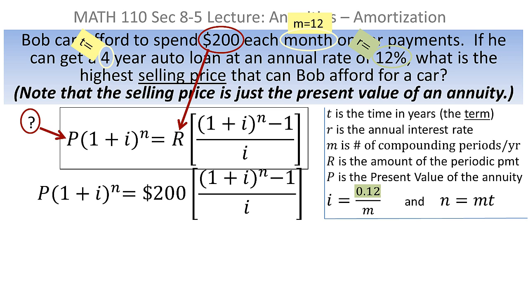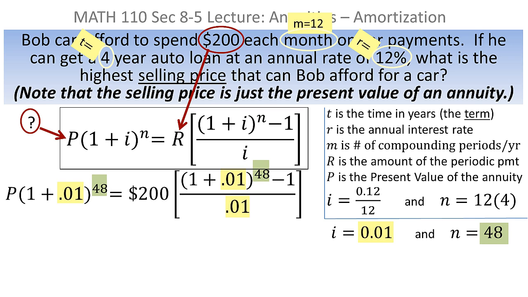We plug 0.12 in for r, 12 in for m, and 4 in for t, and we can calculate little i and little n. So little i is 0.01, and n is 48. Now plug those values into the formula and start the calculations.